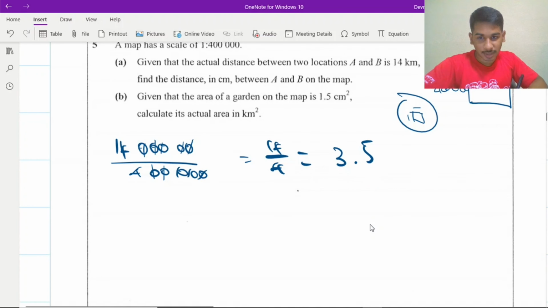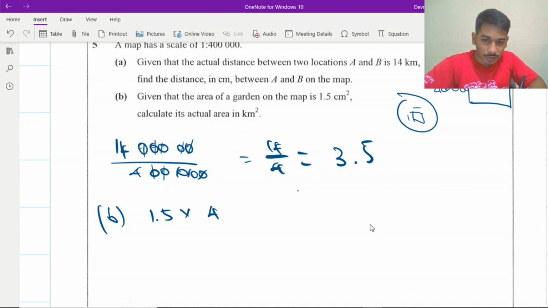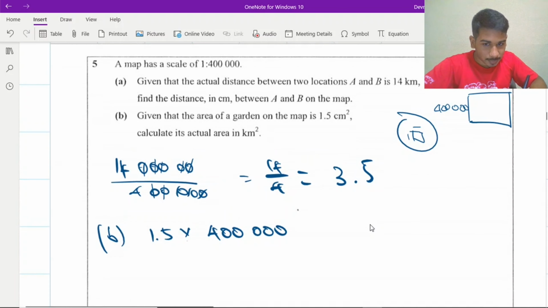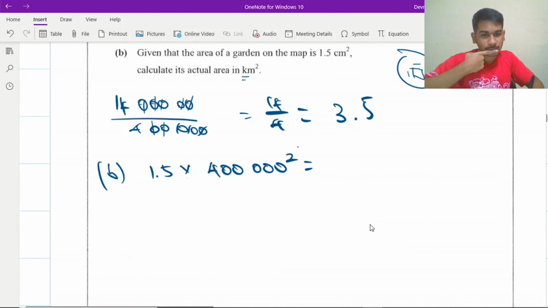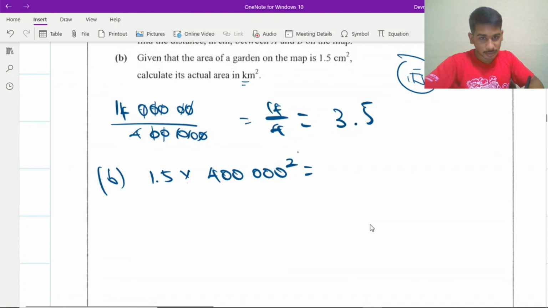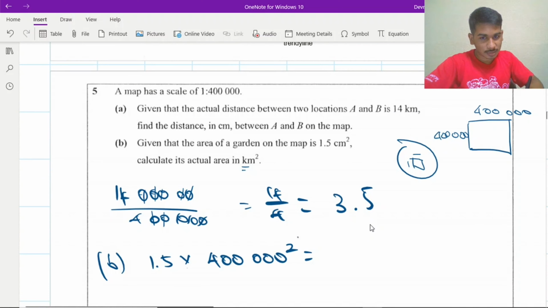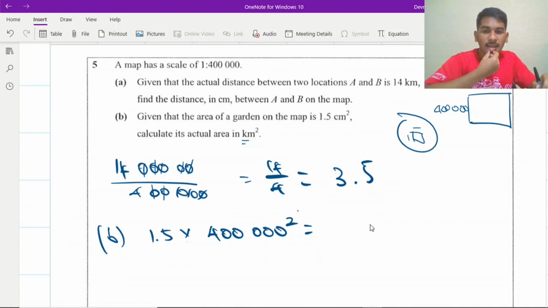Okay, so the area is going to be 1.5 times 400,000 squared. It's going to give me a lot of zeros, but they want it in km square. I think it'll be better if we change it to km from the start.